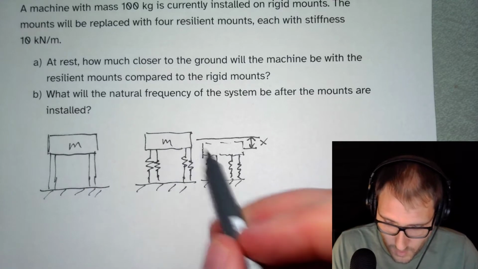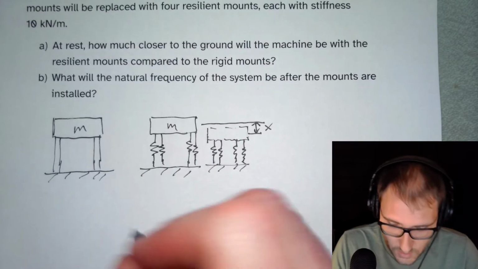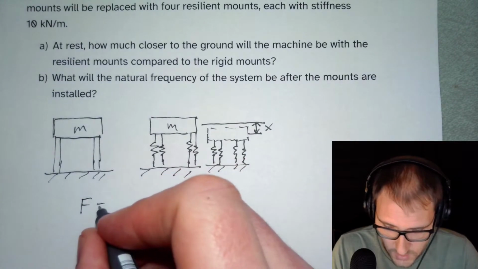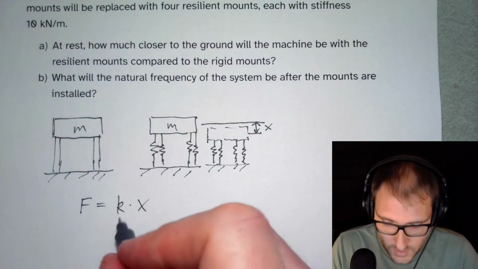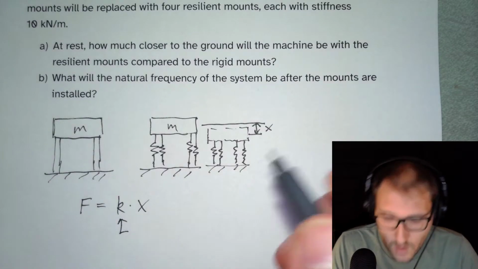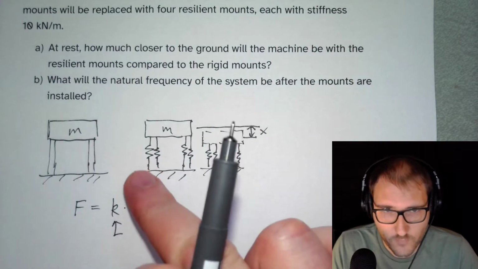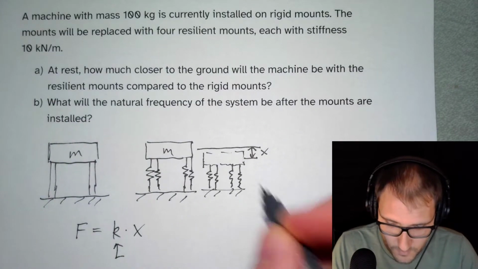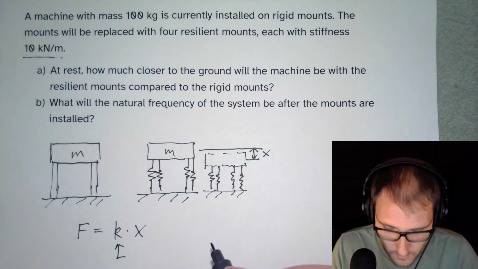So how much the springs compress, we need to just really use Hooke's law. So Hooke's law for springs is the force in a spring is equal to the spring constant times the displacement. Now the tricky thing here is what to use for the spring constant, because I have 4 springs. But what I'm really going to do is model those as one spring, because the forces from the 4 springs just add up. So I'm going to model that as one spring that has a stiffness of 4 times the given value.